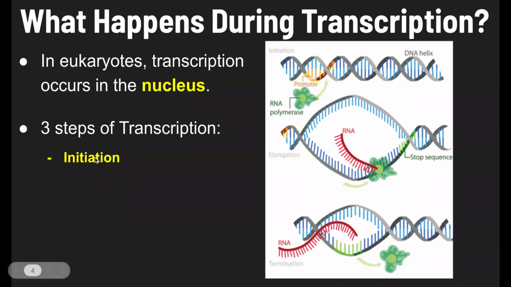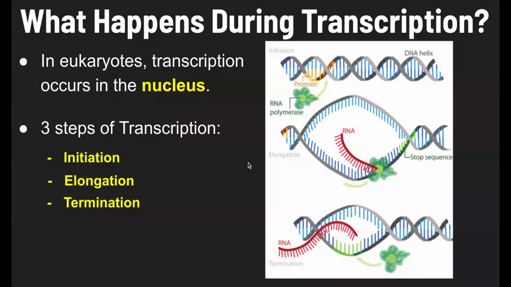There's initiation, elongation, and termination. So in this picture you can see labeled initiation, elongation, and termination. It's kind of showing you from top to bottom the three basic steps that are happening in transcription. And I'm going to go through some of the specific events that are happening in each step now.